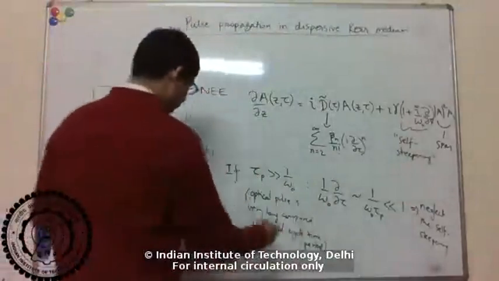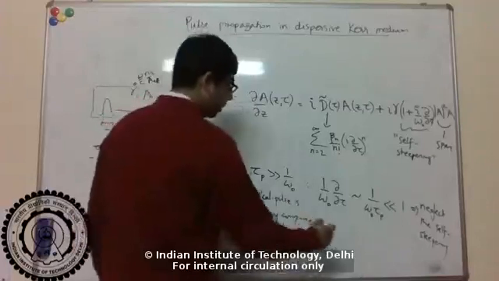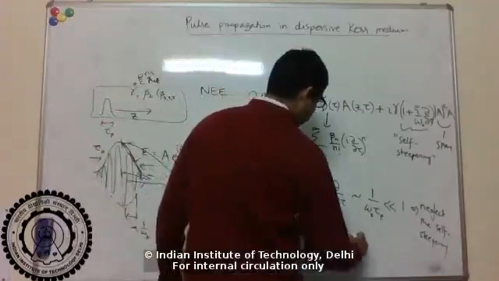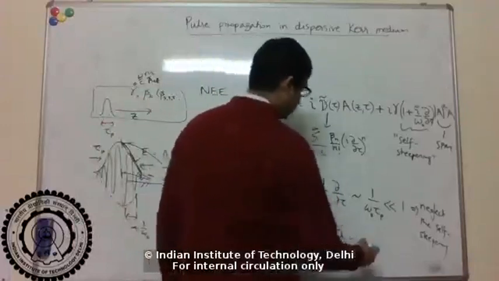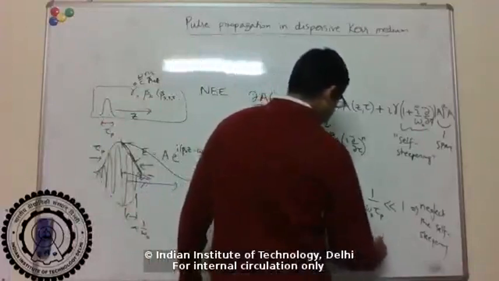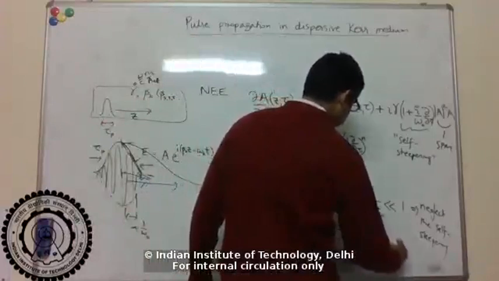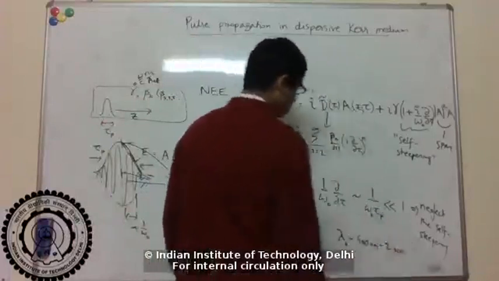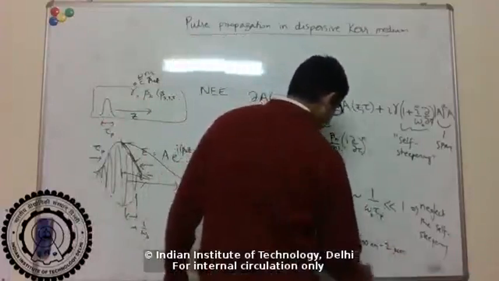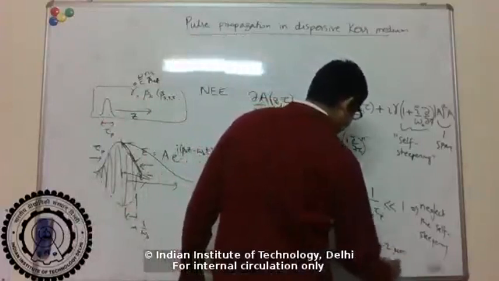Typically, 1 over omega naught is a few femtoseconds. If you take the wavelength in the visible or infrared, say from 500 nanometer to 2 micron, then the cycle time will be a few femtoseconds, roughly 1 to 10 femtoseconds.